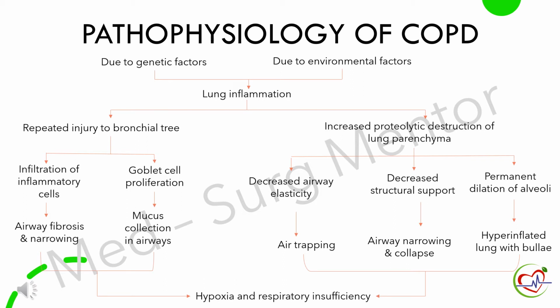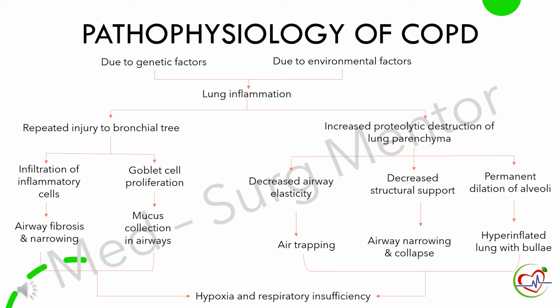Now let's move on to the pathophysiology of chronic obstructive pulmonary disease. Due to etiological factors like genetic or environmental factors, there is damage to alveoli and lung structures causing lung inflammation. At the next stage, due to the repeated injury to the bronchial tree, there is infiltration of the inflammatory cells leading to airway fibrosis and narrowing.